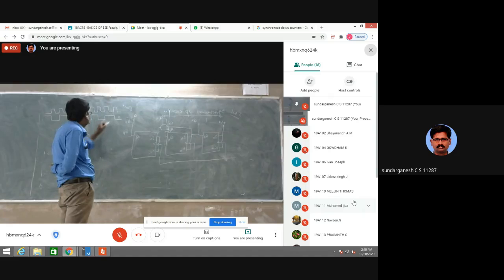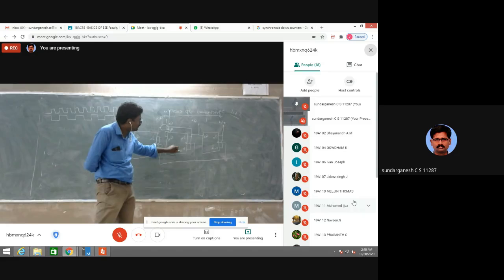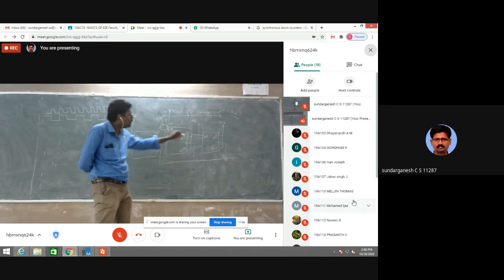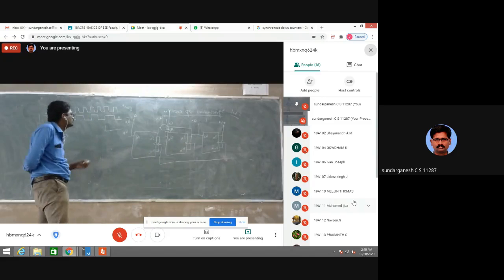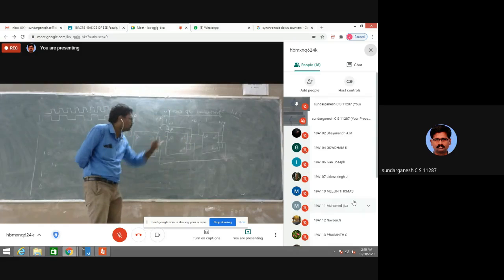Look at this stage, the clock is 1. During this stage, the clock is 1, so QA is 1 and it is a negative edge. So QB will change at this point. When JB and KB are 1 during the negative edge of the clock pulse, QB changes. JB and KB will be 1 only when QA is 1.